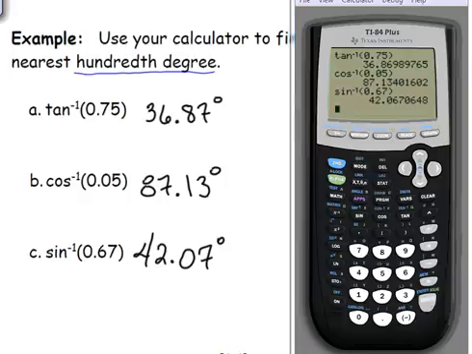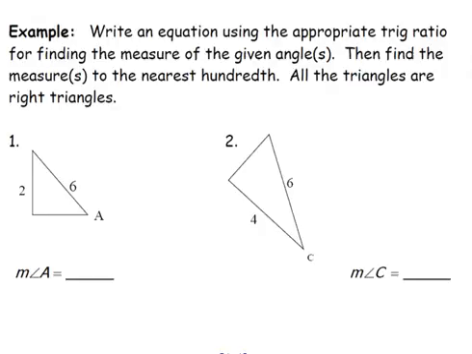Alright, so here's how we actually use this to help us with some problems here. So this one right here says write an equation using the appropriate trig ratios for finding the measure of the given angle or angles, depending on what it's asking for. Then find the measure to the nearest 100th. So again, pay attention to what it's asking there, 100th, where to round it. And all the triangles are right triangles. So this is a right triangle. There's my right angle.